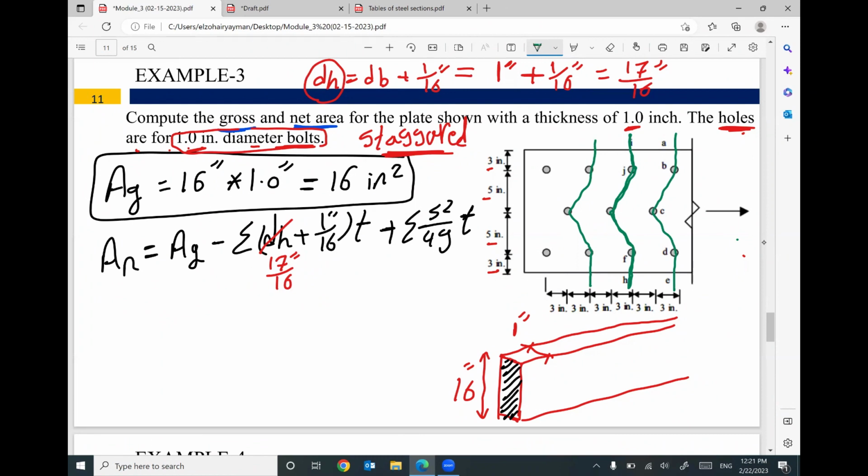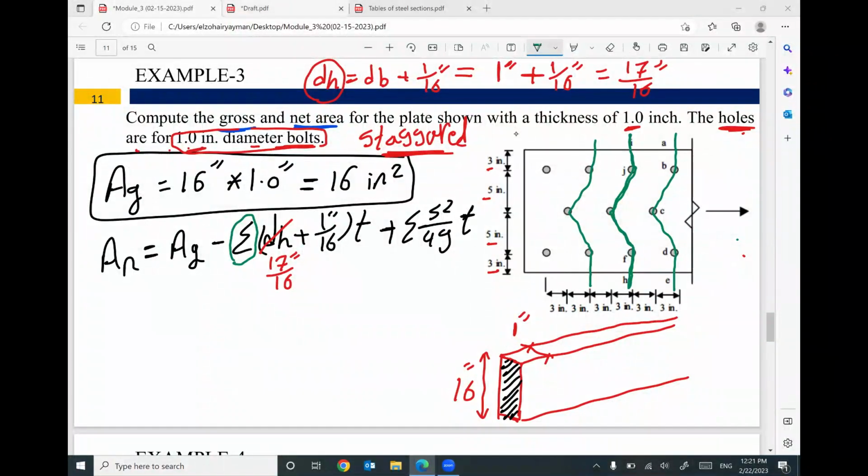So how many bolts do you have in any of these cross sections? Anybody can answer me? Which number am I going to put here for the summation? It should be 3.